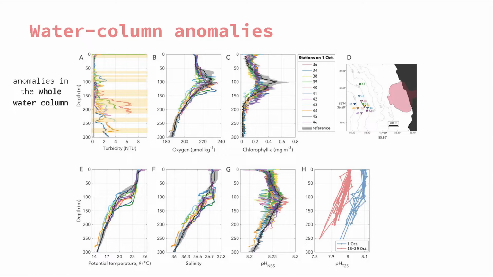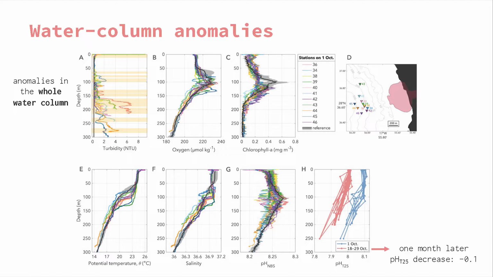behavior. Another thing that I want to highlight is the pH, where you can see the complete profiles, but this is in NBS scale. This is from the pH sensor, and you can already see that there were lots of negative anomalies, but we also sampled pH in total scale from the water samples, which is more accurate.